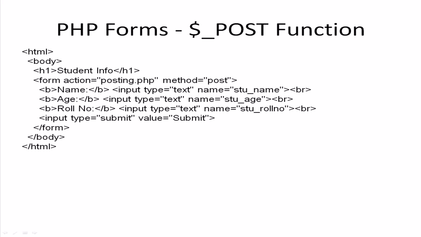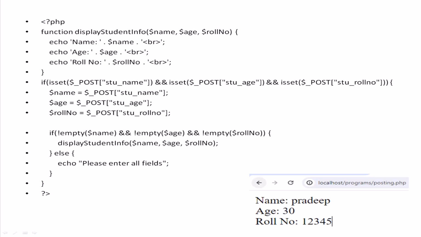Here we are using the same content which we have seen previously. We have a function called display student information. This function is going to accept three parameters: name, age and roll number. Now we need to reassign the values: name equal to name, age equal to age, roll number equal to roll number.